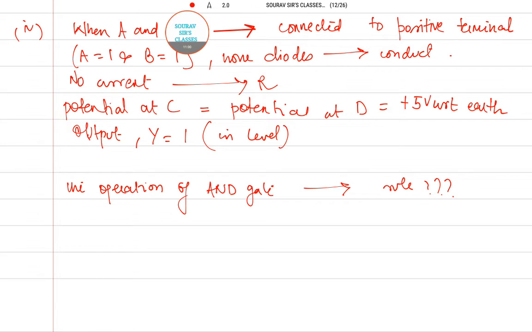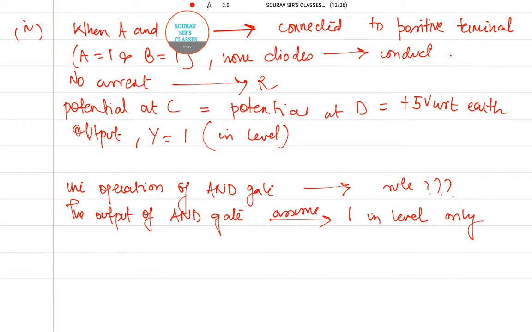The output of the AND gate assumes 1 in level only if all the inputs assume 1 in level.